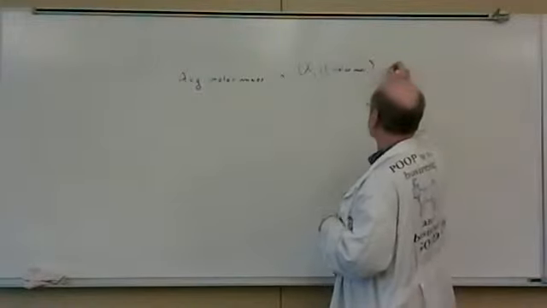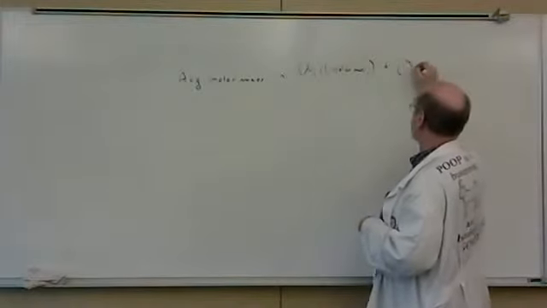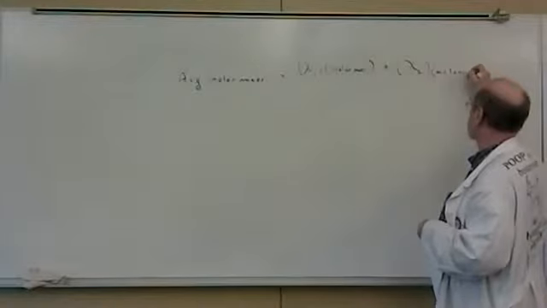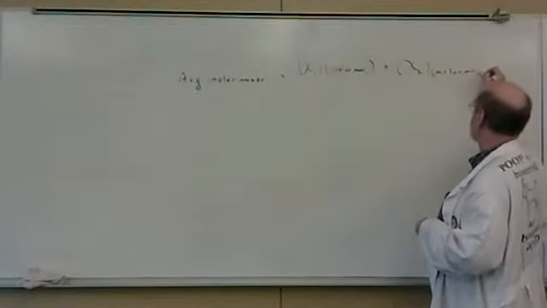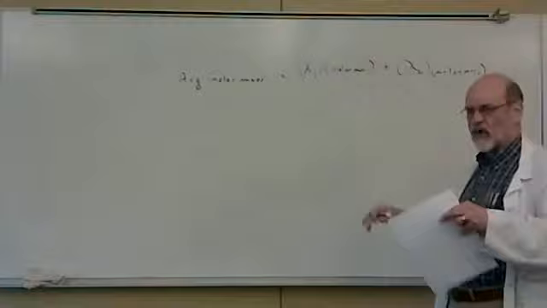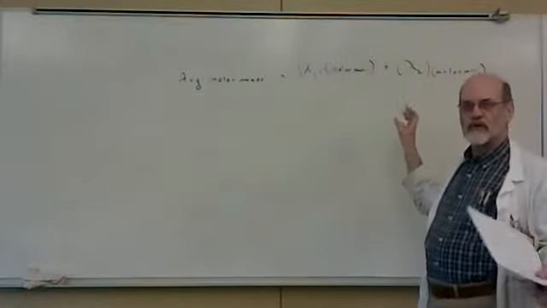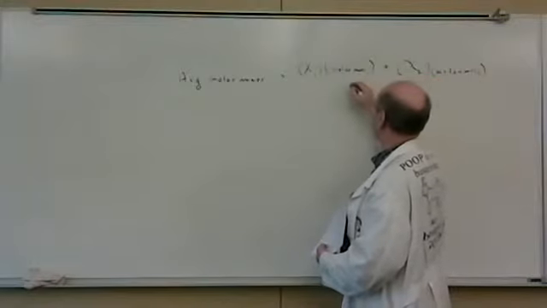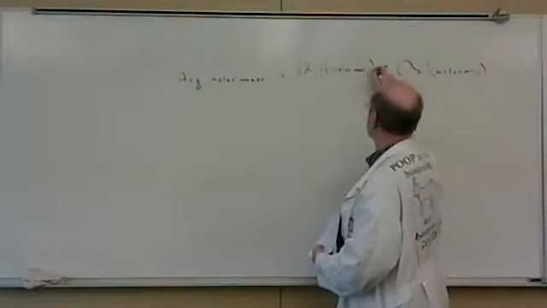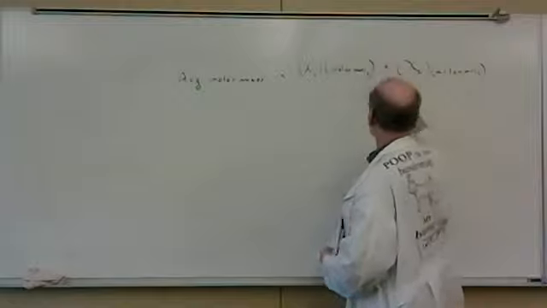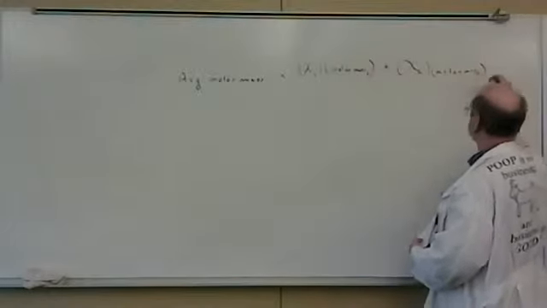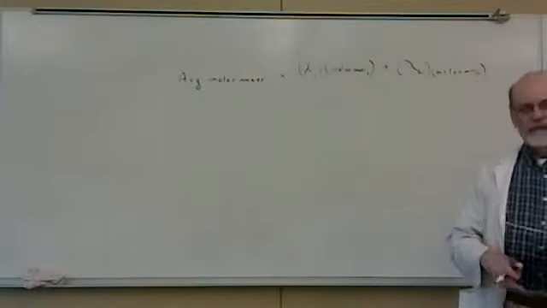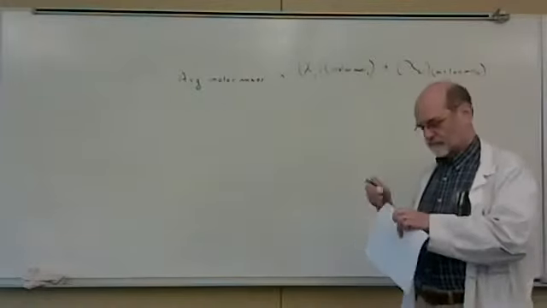Right? Then you have the fraction of element 2 times the molar mass of element 2. Let's just, for argument's sake, say we only have 2 isotopes. Molar mass, I should say isotope 1 and isotope 2. Right? Because that's what we're doing. We're taking the isotopes and their relative abundance.